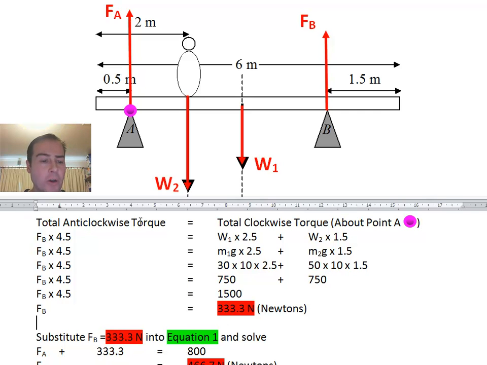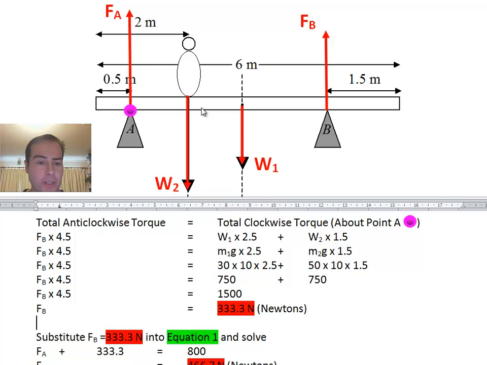So we say total anti-clockwise rotational forces or torques must balance the total clockwise rotational forces about our point A, shown as the purple dot here. Now if this weren't the case, the object would start rotating, which it isn't, and therefore they must balance. Now keep in mind that torque is calculated as force by distance from the point of rotation.